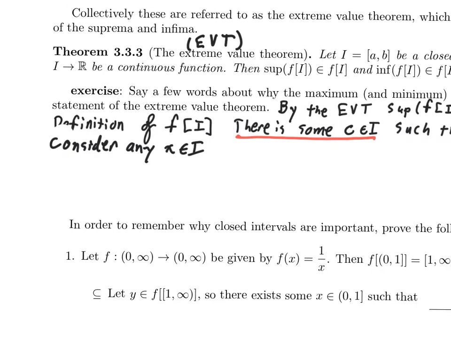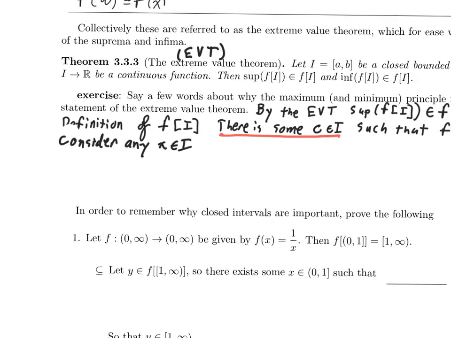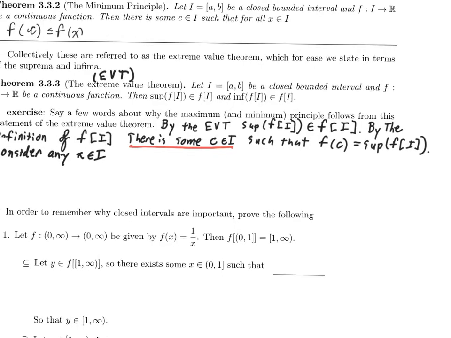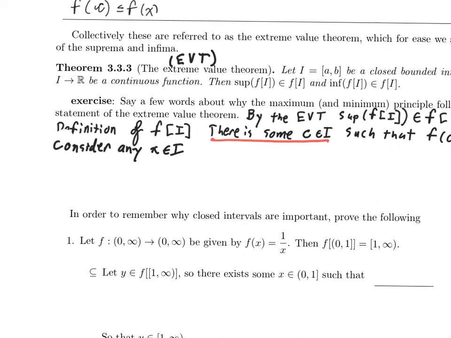So what do I know about c? I know that f of c is the supremum of f of I. So f of c is an upper bound on f of I. f of I is the set of all outputs of the function. Well, f of x certainly is an output.